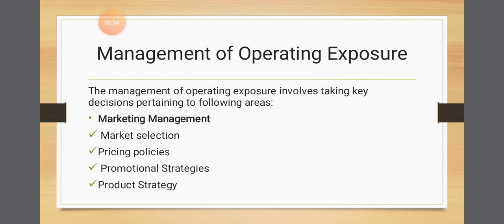the MNCs, what an MNC can do is that it can expand into new markets where the exchange rate could be beneficial for it. So it is concerned with expanding your market or selecting the market where you expect that the currency is going to depreciate in some other country. What will be the benefit? The benefit will be that you will acquire the resources in the local currency.